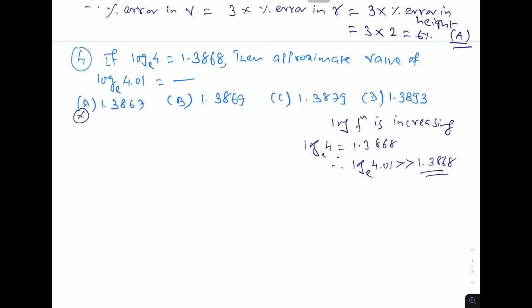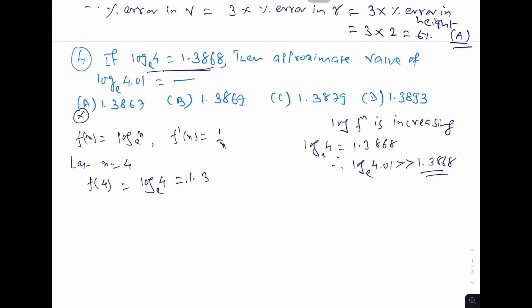Now let us solve. f(x) is log x base e, and we know f dash x is 1 over x. Now let x be equal to 4. So f of 4 is log 4 base e. Okay, and that is given to us, that is 1.3868.